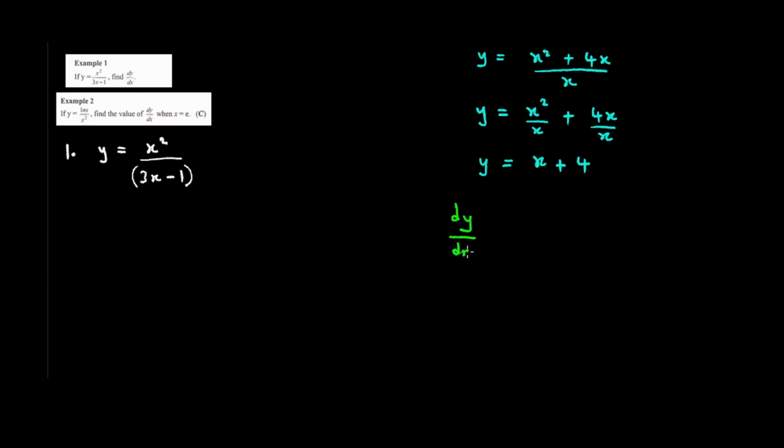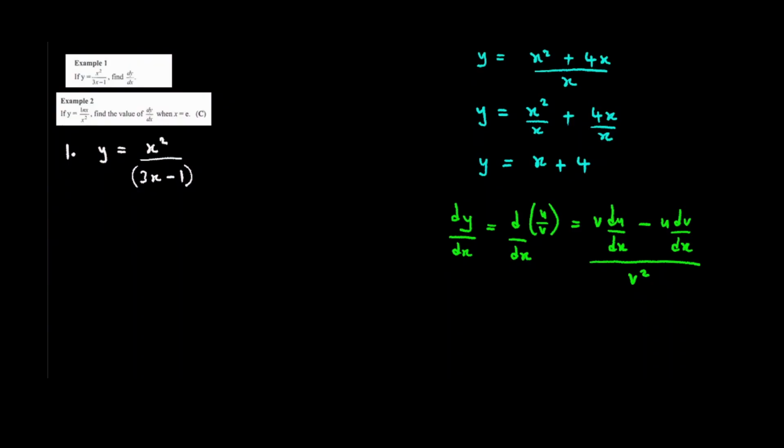Quotient rule inoti dy dx, which is d of u over v dx is equal to, always start with the v, so it's v du dx minus u dv dx over v squared. That is what the quotient rule says.